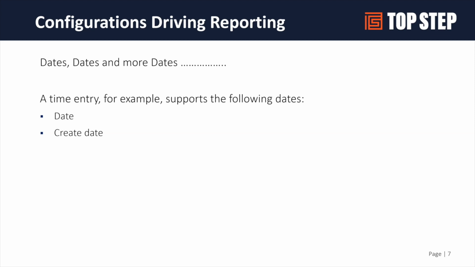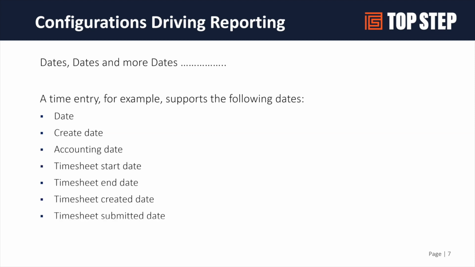Dates. Dates are available everywhere, and dates can be really confusing to new customers. So we really work with folks to make sure that we think about the dates in the system that we want to use. For an example, a time entry date has 8, 9 different date options on it.